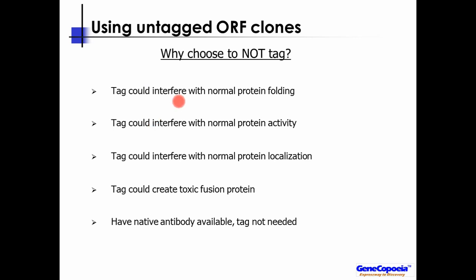Second, the tag could interfere with normal protein activity, even if it was folded correctly. Third, the tag could interfere with normal protein localization. Fourth, the tag could create a toxic fusion protein. Or finally, and certainly these are not the only reasons, you might have a need for an antibody, but you have a native antibody, and so you don't need an anti-tag antibody.